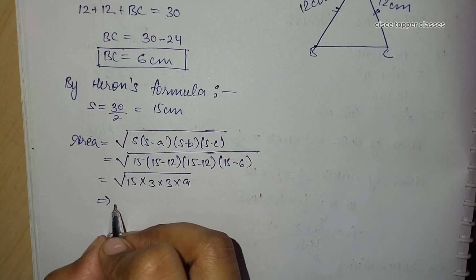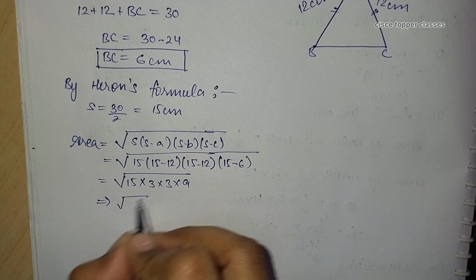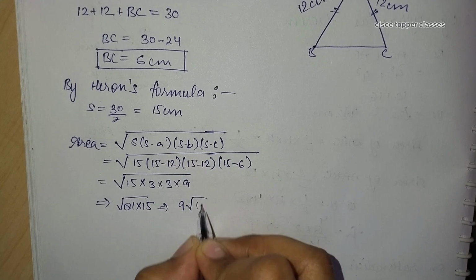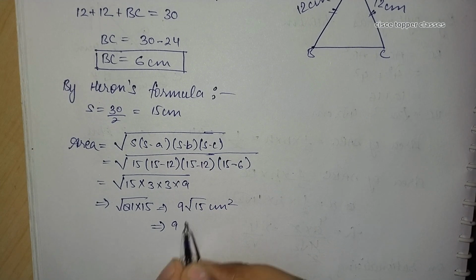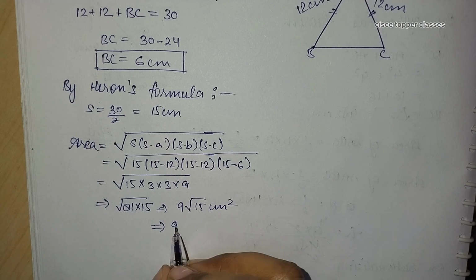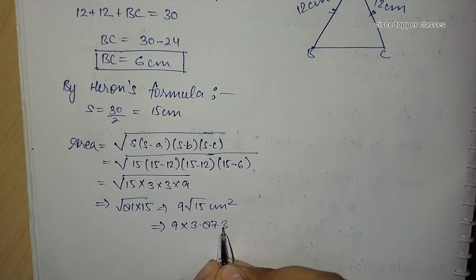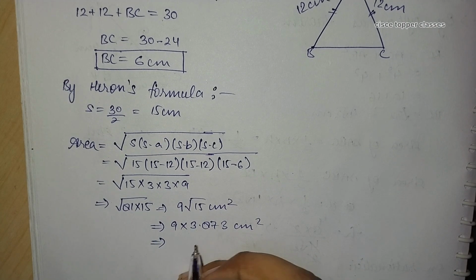So here this will be 81 firstly. 81 into 15, and 9 under root 15 centimeter square. Under root 15 we can put the value of under root 15. Under root 15 is equal to 3.873. So we will put 3.873 centimeter square, and that we can write because area is in centimeter square.